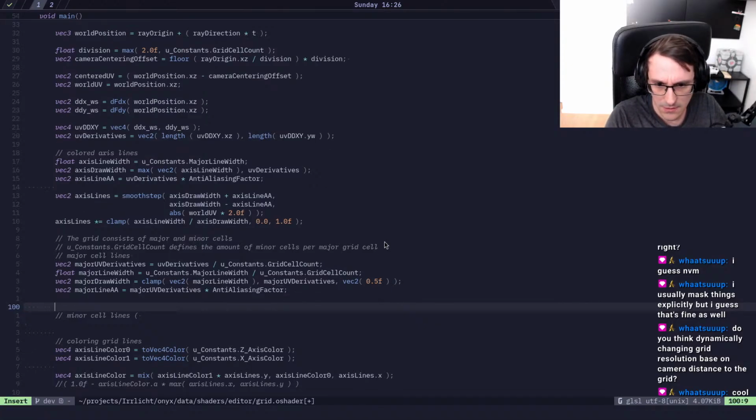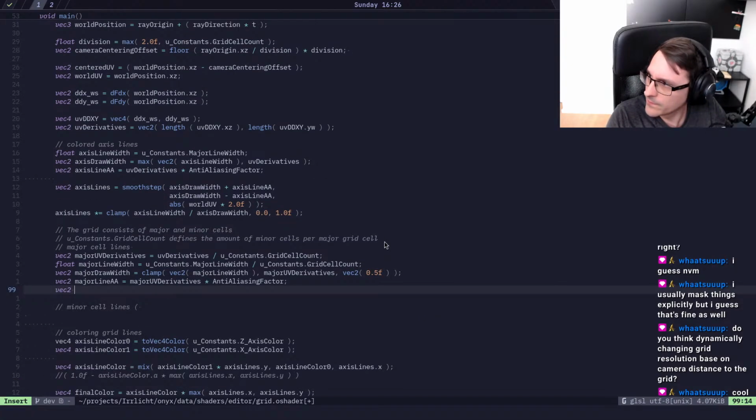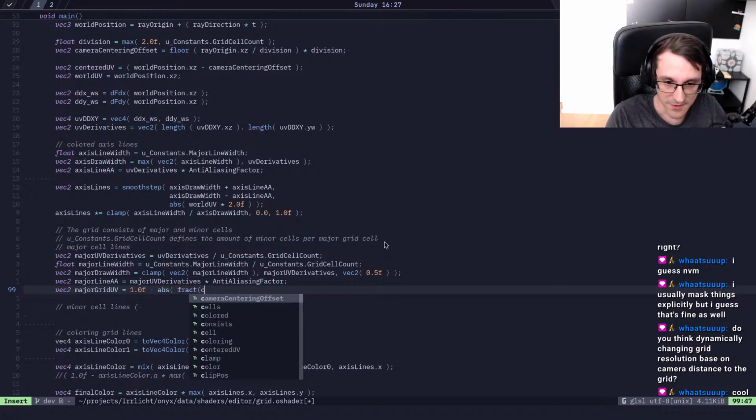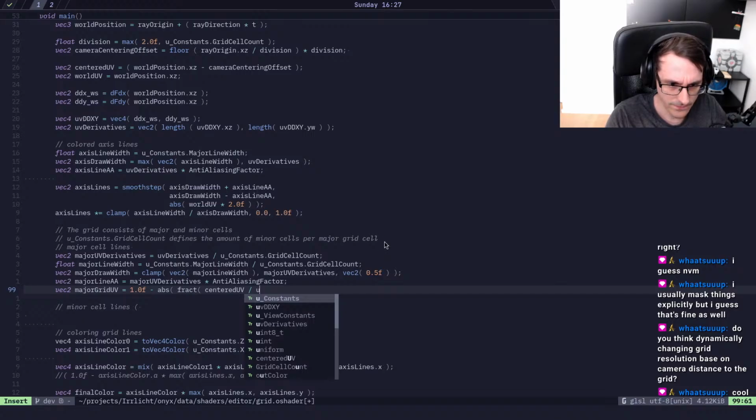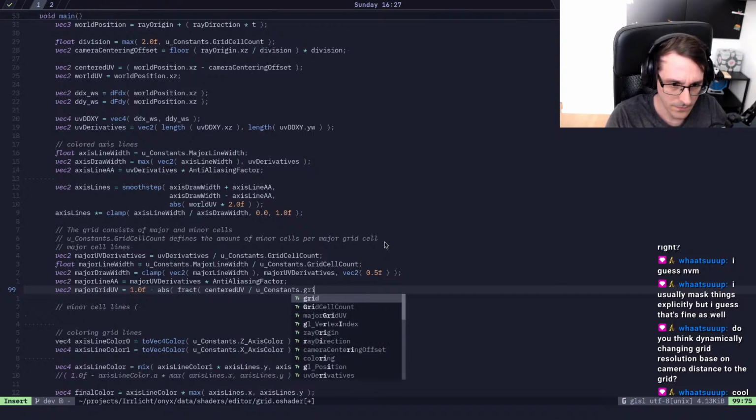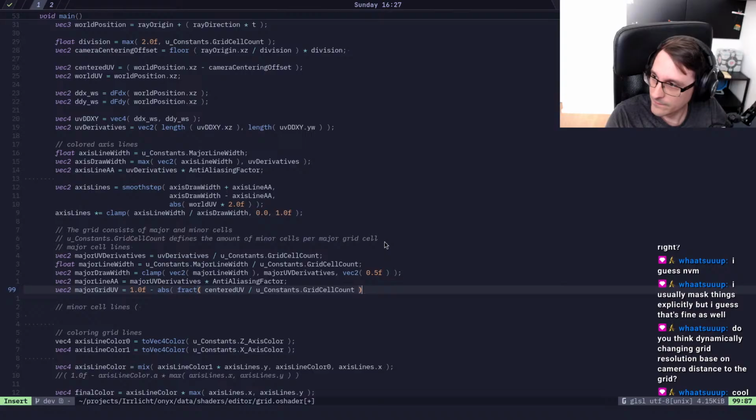And then we have our vec2 major grid UV, which is 1 minus the absolute of our centered UV divided by the grid division, times 2.0 minus 1.0.